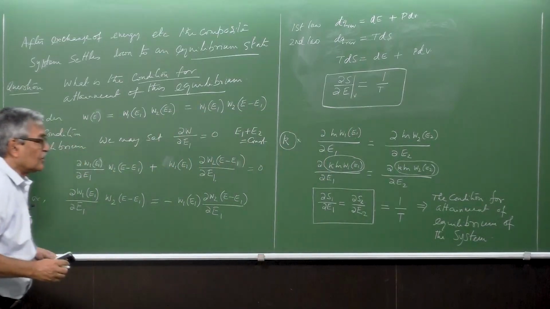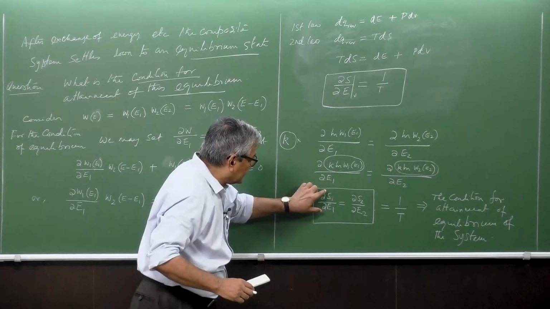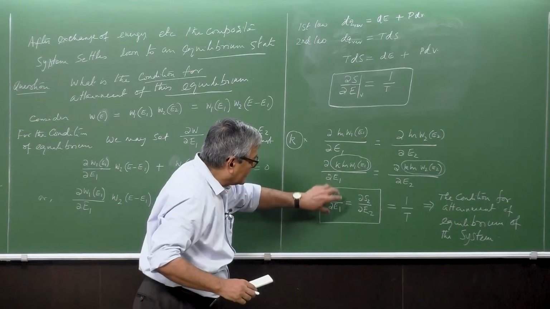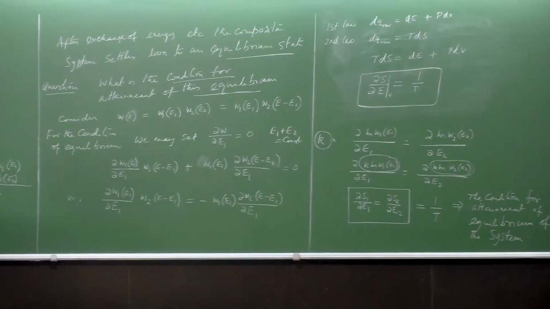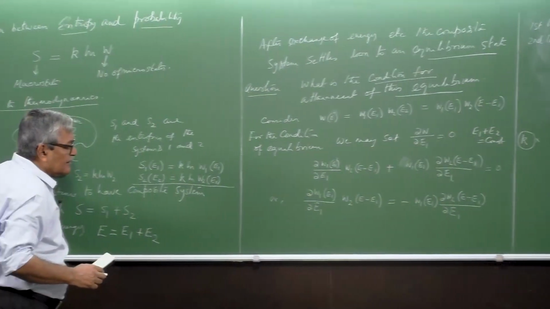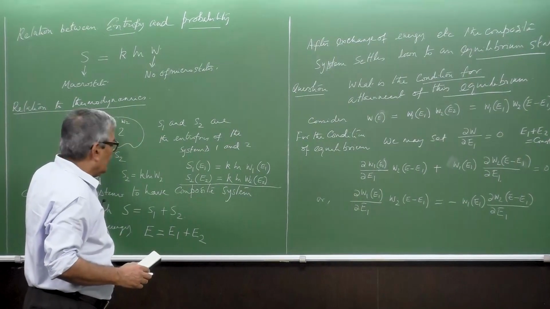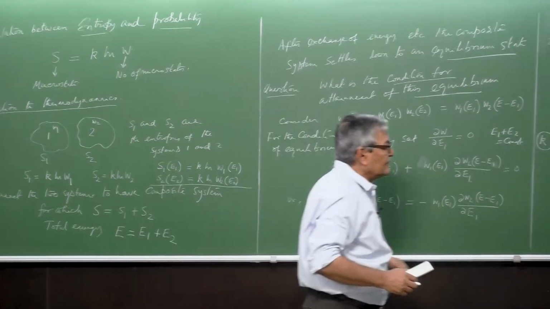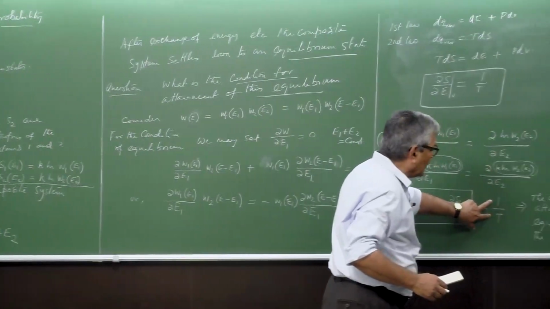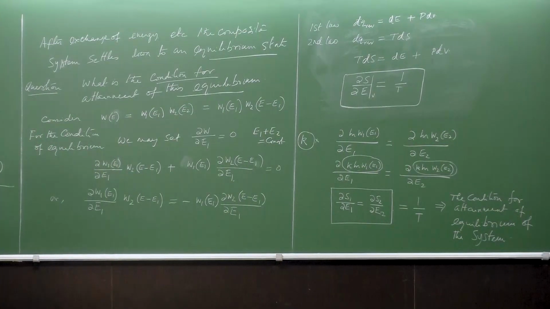So that defines also that for each of the individual subsystems, if these derivatives are equal for this one and this one, then for the composite system I can equate it to a quantity 1 by T, and that defines your condition for equilibrium.